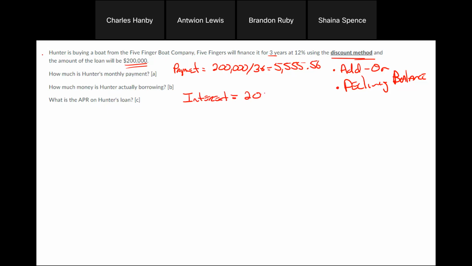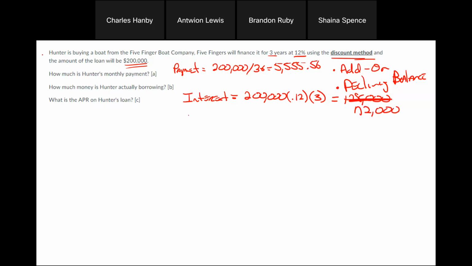So it's 200,000. It's principal times the rate, 12%, 0.12 times time, which is 3 years. So $128,000. Sorry, I'm reading my paper wrong. That's $72,000.